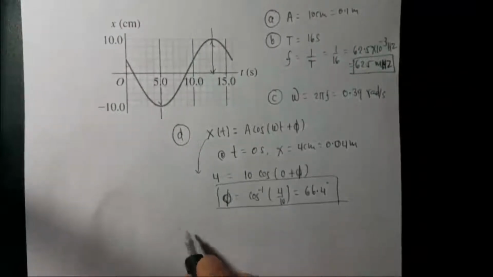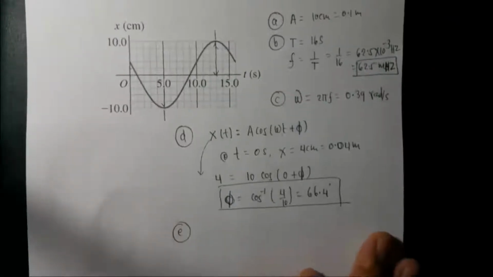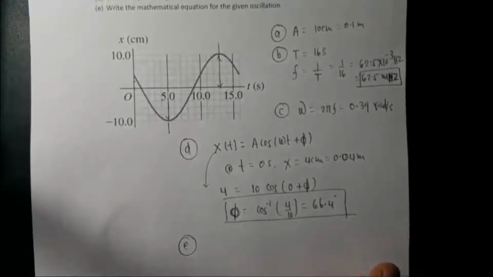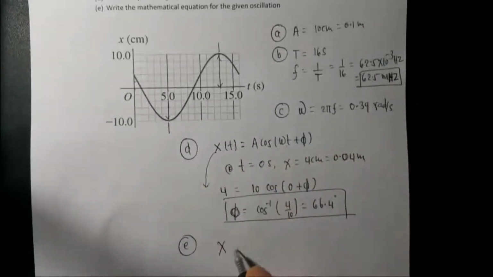Finally, summarizing everything, it says write the mathematical equation for this given oscillation. Then you just write this equation down because we already know everything.